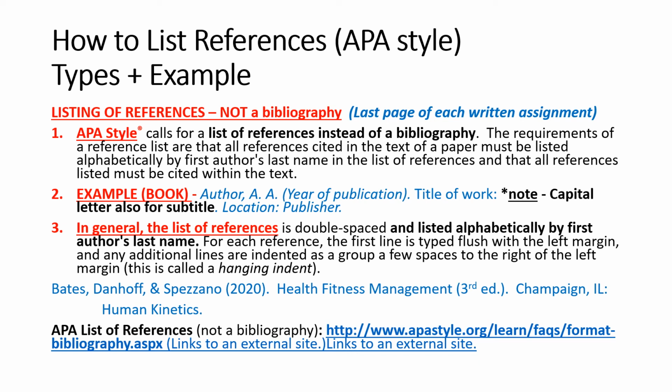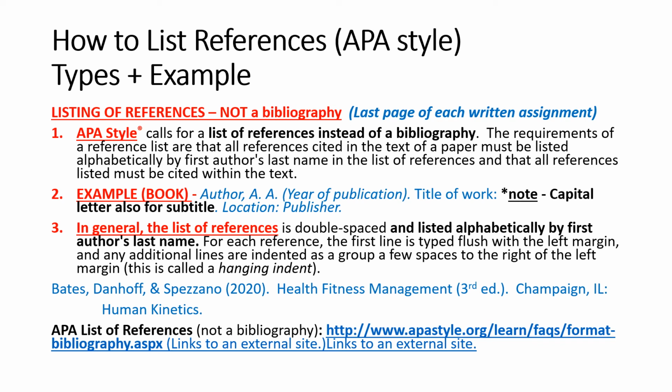So if we go down to point 2 with the book, you're going to do the authors again. Then in parentheses, you will do the year of the publication, and then you need to do the title of the work. You can see here the example again is the health fitness management textbook that you're going to need for your readings and your quizzes.